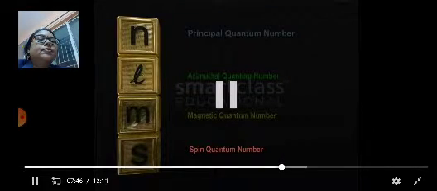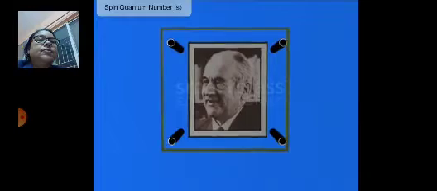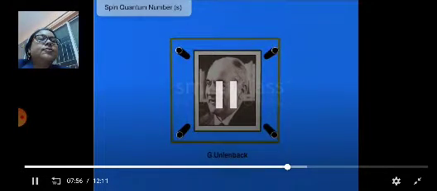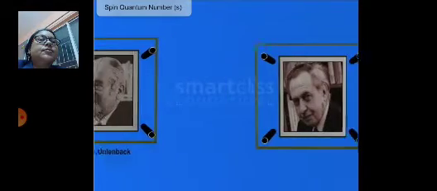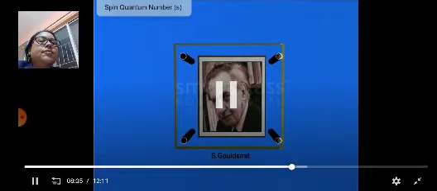Let us now check out the spin quantum number. The concept of the spin quantum number was first put forth by Uhlenbeck and Goudsmit in 1925. This quantum number refers to the spin of an electron and is denoted by s.